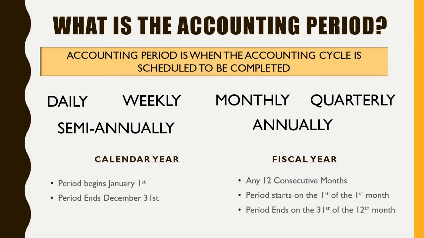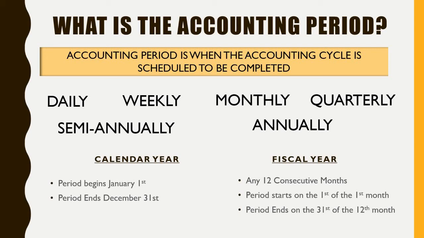All right? So that means an accounting period is whenever you want to complete all 10 steps. Now, depending on what kind of company you are, you can choose to close your books every day, every week, every 2 weeks, every month, every 6 months, or every year.